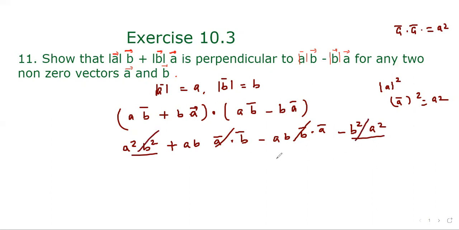Hence we will get 0. So we can say that the two vectors are perpendicular. This one and this whole thing is perpendicular.